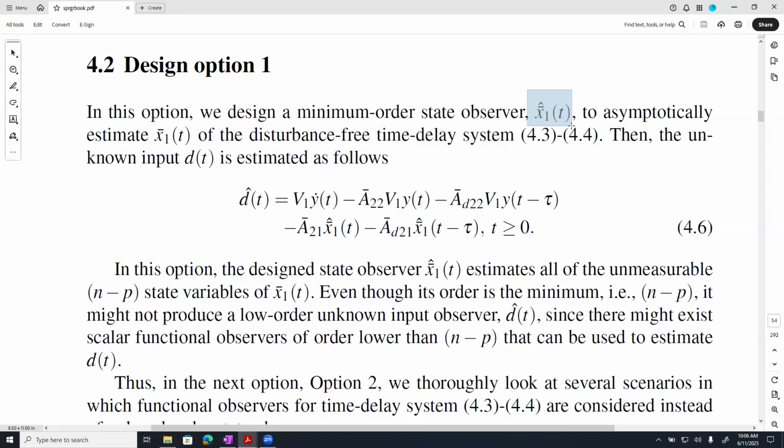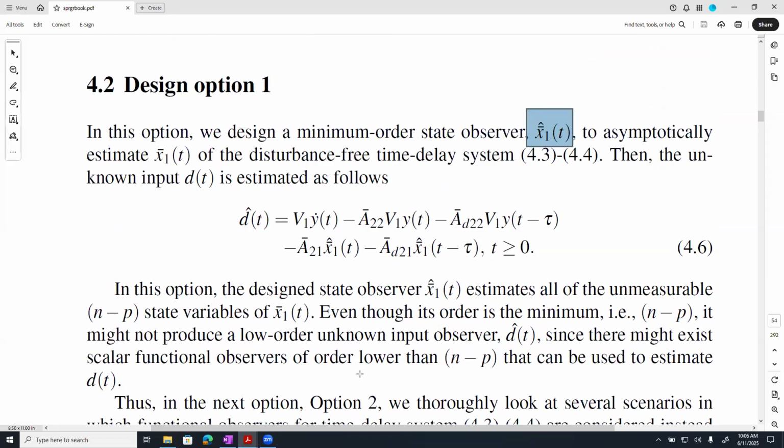It will be shown in a numerical example in topic 5 part 2 that if we estimate the stack vector, the instantaneous one, it doesn't work for a time delay system. That observer does not exist, or we get an unstable observer.